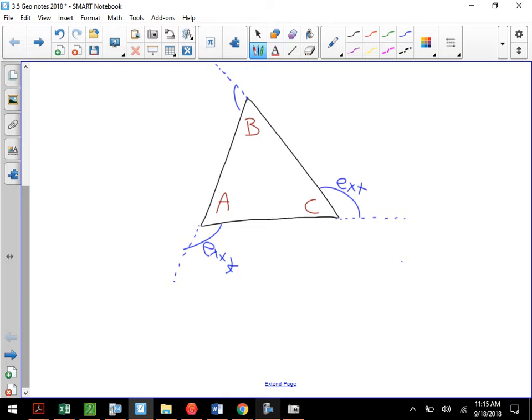Now, if I pick an exterior angle, let's say this one out here, I'm just going to erase the other ones. If I call this exterior angle F, what do you know about angles A and F? What do they create? A line. Good.